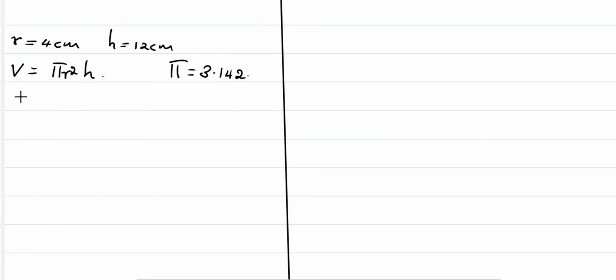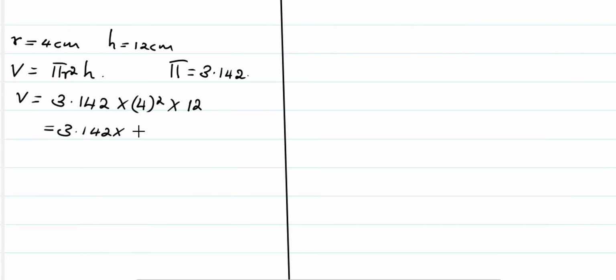So from there, then volume will be 3.142 for pi multiplied by r squared, which is now 4 squared, multiplied by the height, which is 12. So from there, we only need to say it's 3.142 multiplied by 16, because 4 squared is 16, then multiplied by 12, like that.